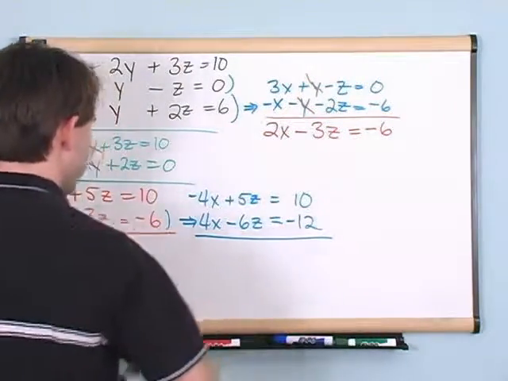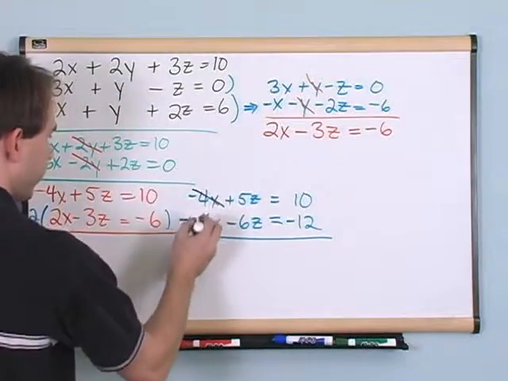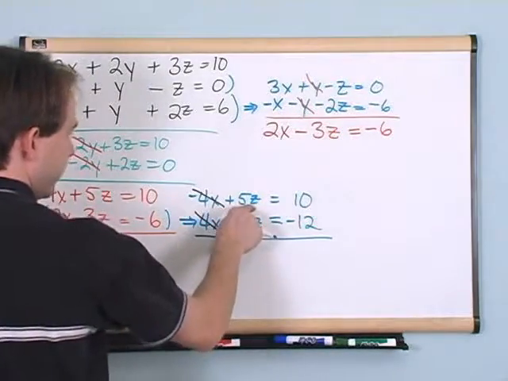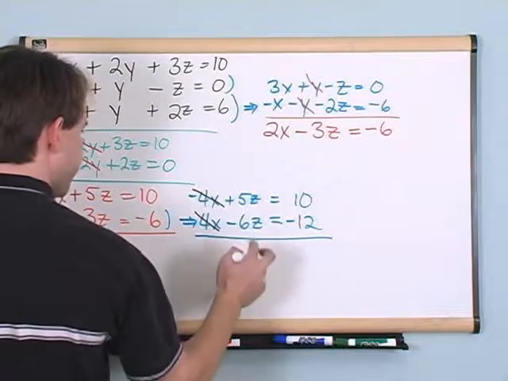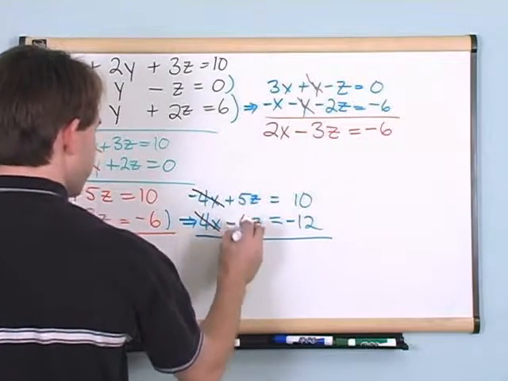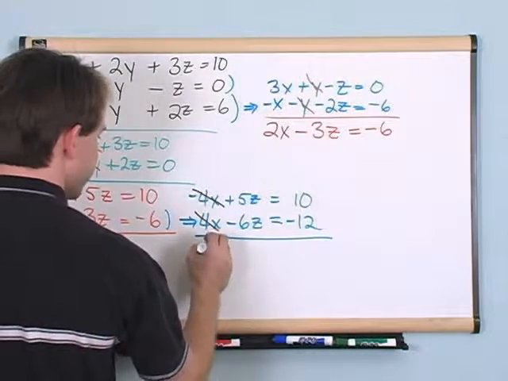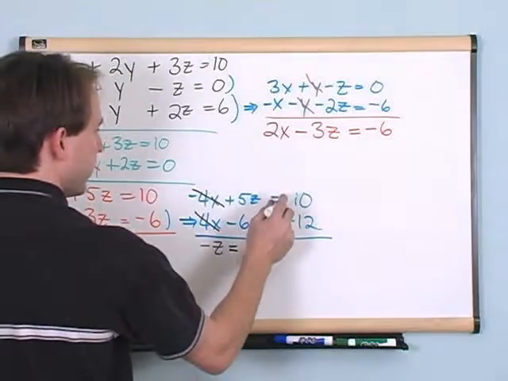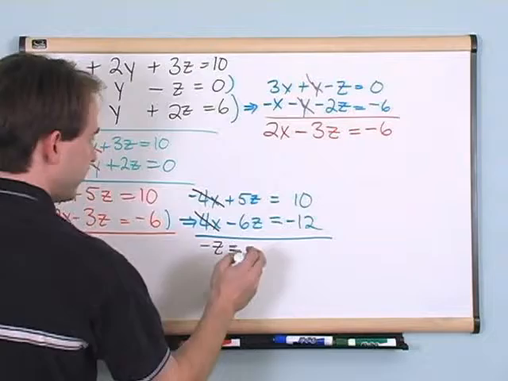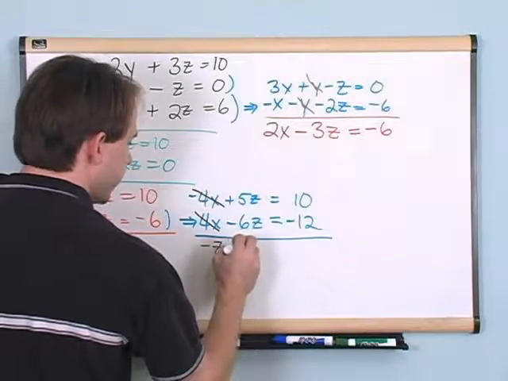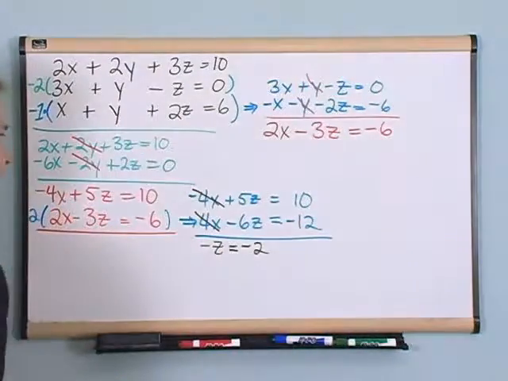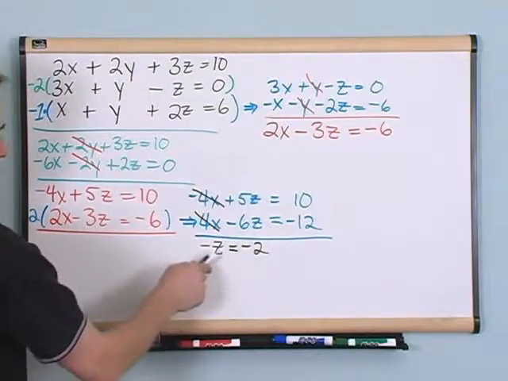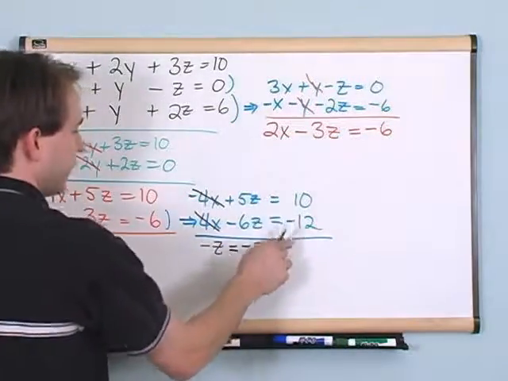Of course, you might recall the whole point that we did this was to cancel the 4x, which you can see happens with the positive and the negative. 5z minus 6z is negative 1z equals 10 plus a negative 12 is just going to be a negative 2. So all I did was add 5z plus a negative 6z gives me negative z. 10 plus a negative 12 gives me negative 2.